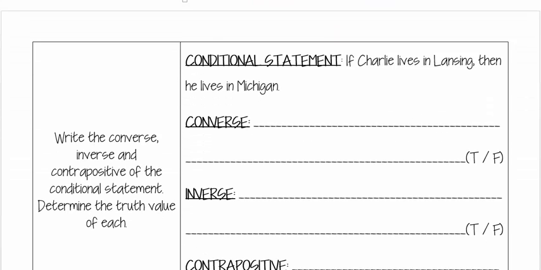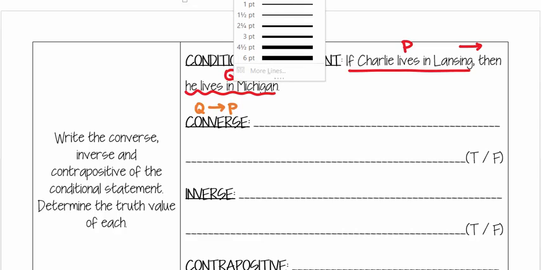First we figure out what's my P and my Q of the original statement. "Charlie lives in Lansing," that's my P. "He lives in Michigan," that's my Q.